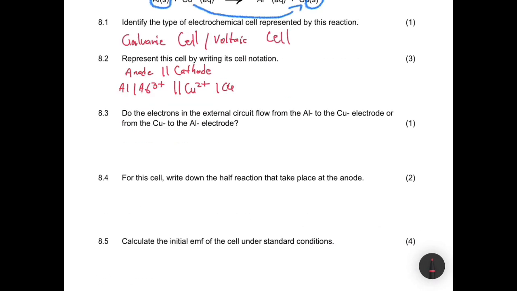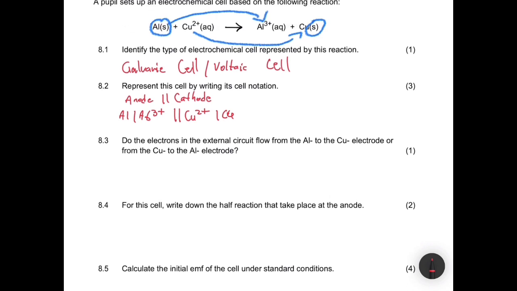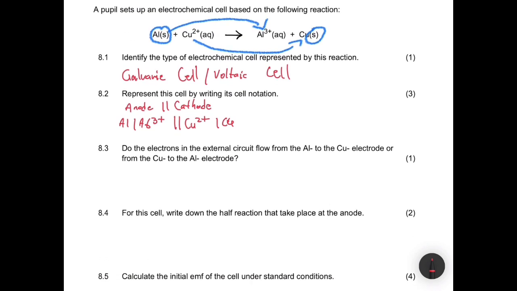Do the electrons in the external circuit flow from the aluminium to the copper, or from the copper to the aluminium electrode, right? So what do we know about a galvanic cell? We know that the electrons in the external circuit of a galvanic cell flow from the anode to the cathode, right?